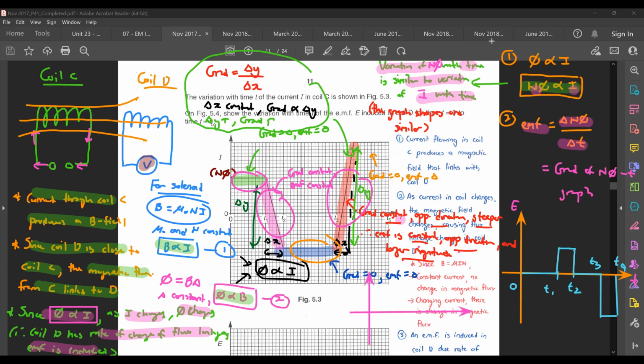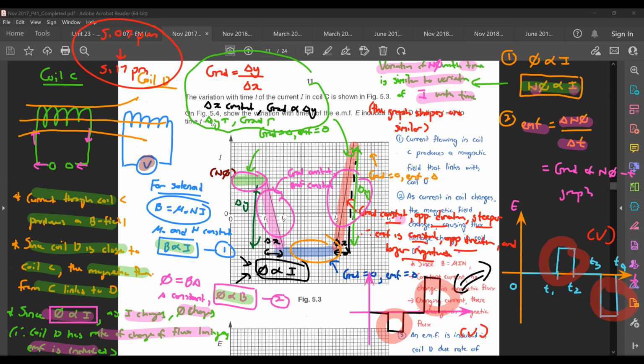If you had drawn your diagram where you started off with the negative EMF first, followed by a positive EMF, which is the complete opposite of what you have here, this one is also acceptable. This one is okay. This one is also okay. The marking scheme really just wants to see that the EMF induced are in opposite directions. So either one is acceptable.